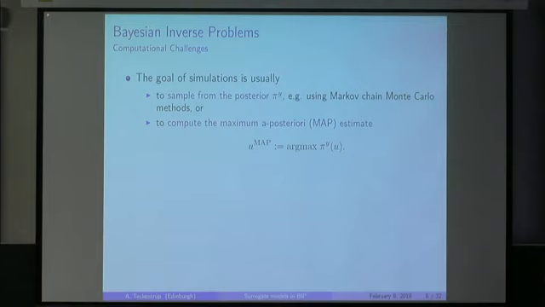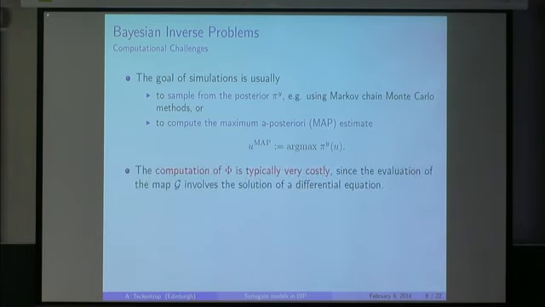Okay. Now both of those things in practice are going to be difficult because of this point here. In our case, the computation of the likelihood phi, which you have to do very many times, both in this optimization problem and when you use sampling methods, is typically very costly.